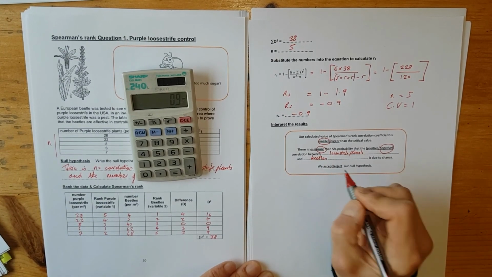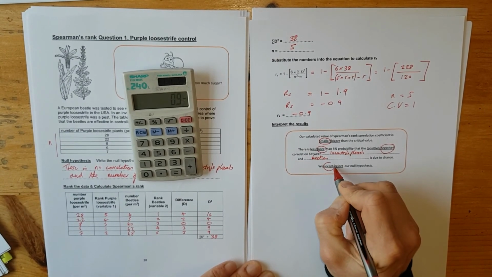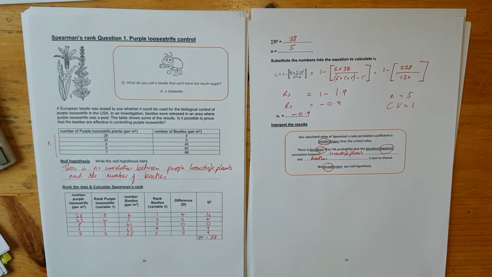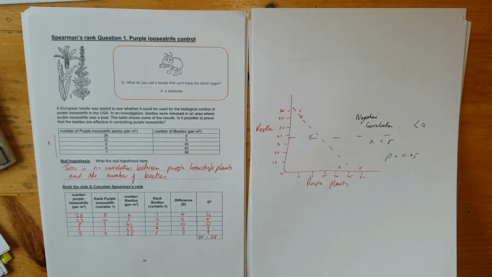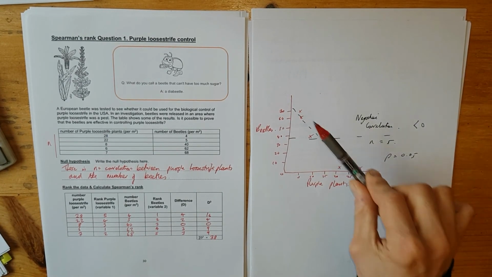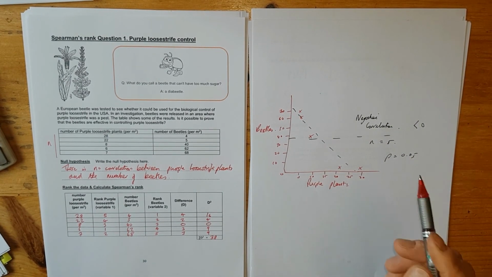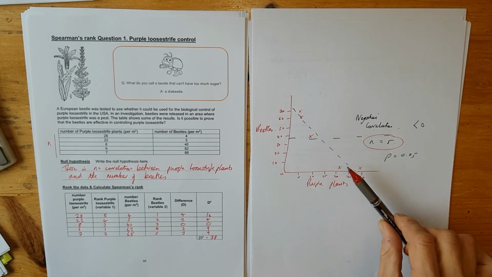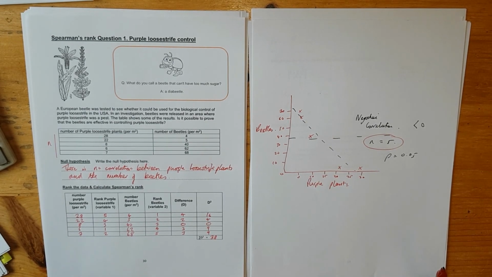And so unfortunately on this occasion we're going to have to accept our null hypothesis. So that means there is no correlation. So even though we thought there was a correlation, because our number of samples is only 5, it means that it's very difficult to get a significant result.